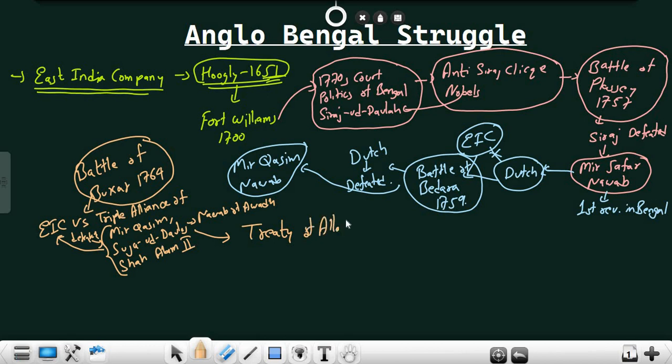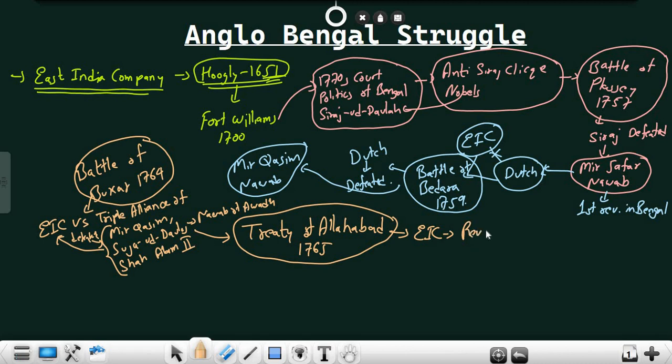After this battle, a treaty was signed, the Treaty of Allahabad, in 1765. After this treaty, the East India Company got the revenue collection rights of Bengal, Bihar, and Odisha.